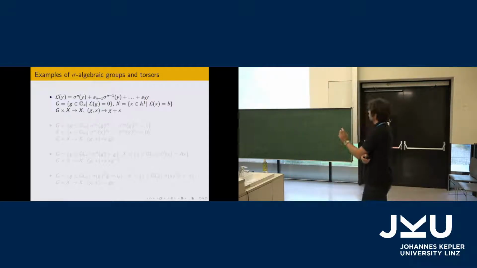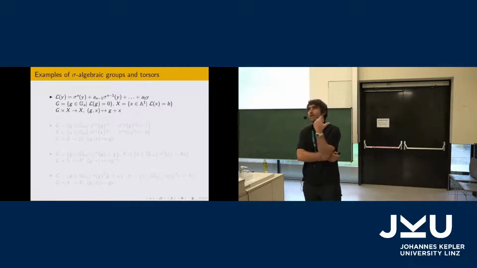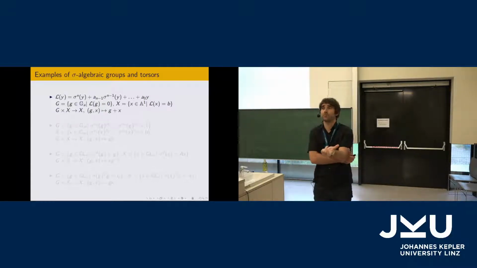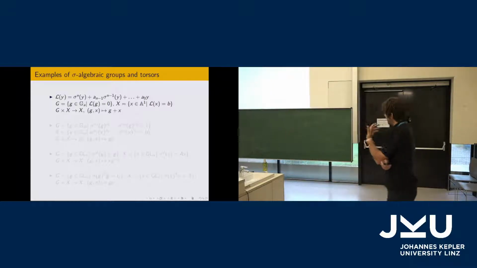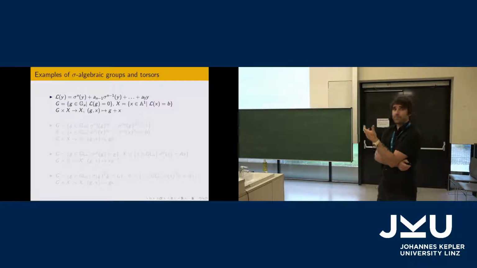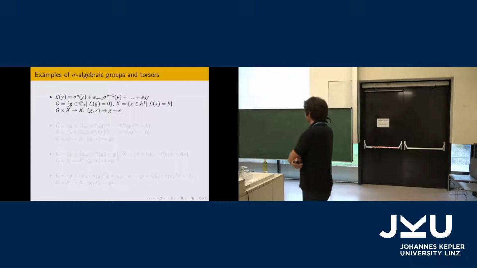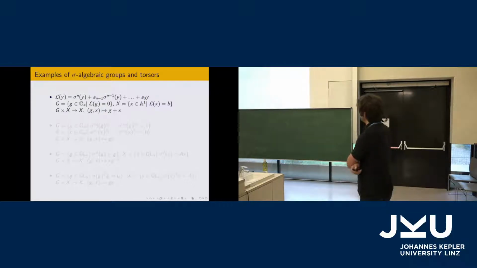Moreover, two solutions of the inhomogeneous equation only differ by a solution of the homogeneous equation. Okay, so this shows that the solutions of the inhomogeneous equation are a torsor for the solutions of the homogeneous equation. That's the first example of a difference algebraic group and a torsor.